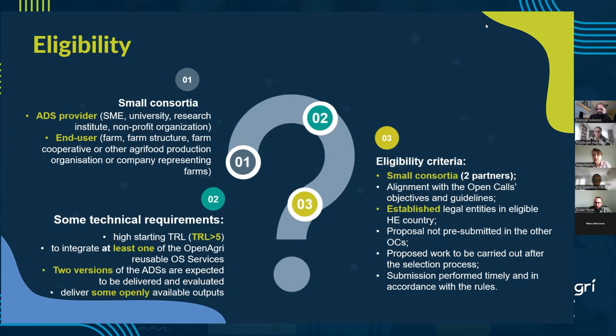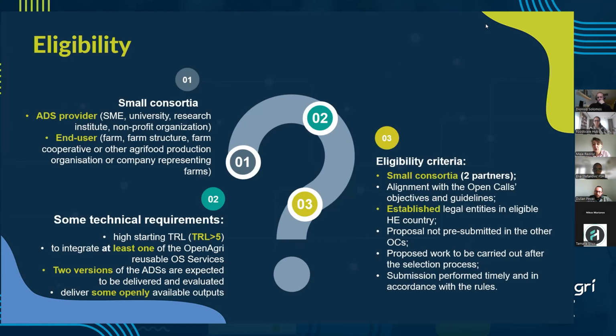When it comes to eligibility criteria, as I said, it's for small consortia, 2 partners. All open call objectives and guidelines have to be respected. Applicants have to be legally established at the time of the application. Proposals should not be pre-submitted in any other open call and not funded for it.